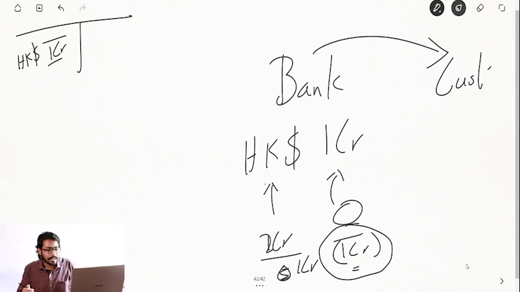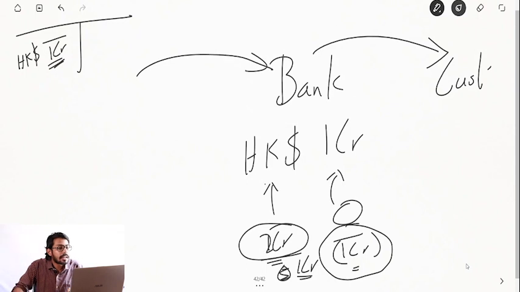So that is a risk. Or even in this case, suppose the bank has given you instruction that you should always have 2 crore Hong Kong dollars in balance. In either case, if you have a liability or your asset has come down, it is important that if you have sold, you square off or you cover by buying.